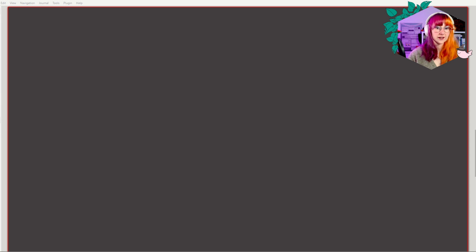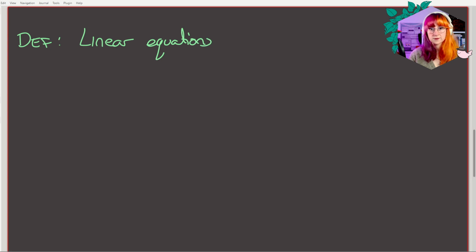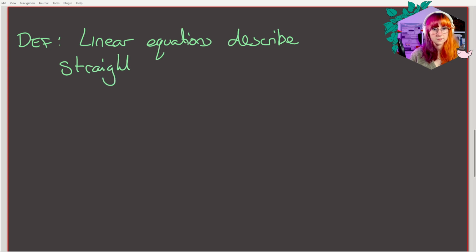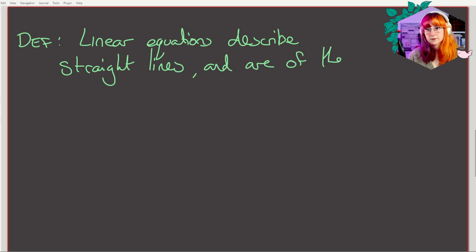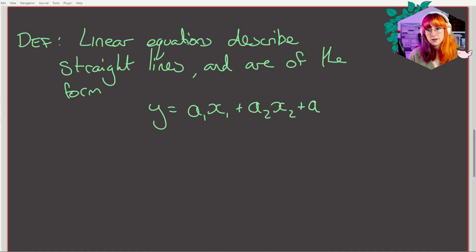This is the really long way of saying that linear equations describe straight lines. And our general form is y equals a1 x1 plus a2 x2 plus a3 x3 plus up to an xn.